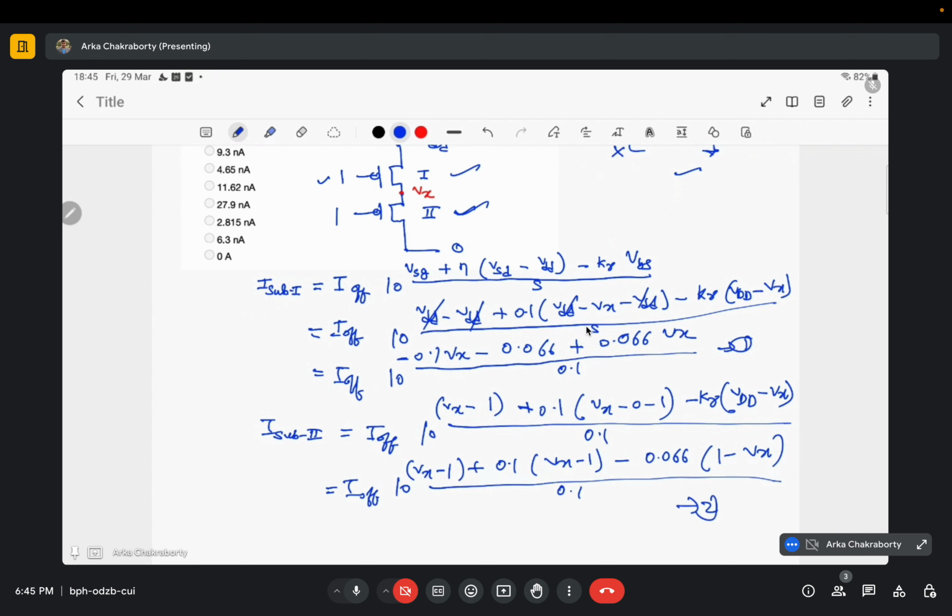We call it equation 2. And let me check equation 1 once again, whether I made any mistake or not. VDD cancels.